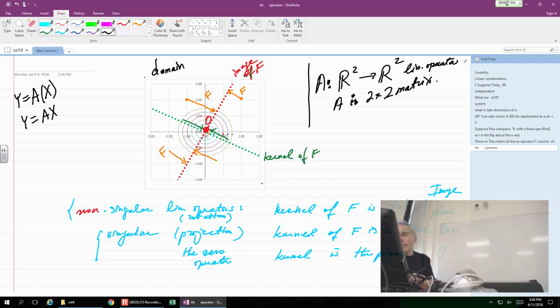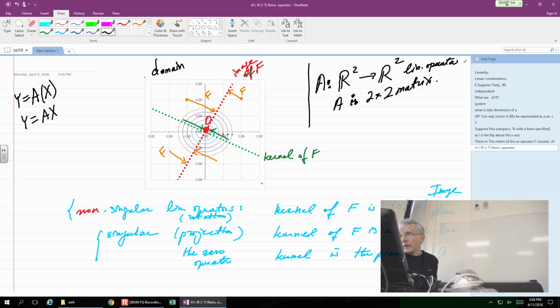The green line is perpendicular to the red line, and our projection, given by those orange lines, is an orthogonal projection on the red line. Therefore the line that is perpendicular through the origin will end up entirely at the origin. You collapse it and everything goes to 0, and so the kernel is that green line.